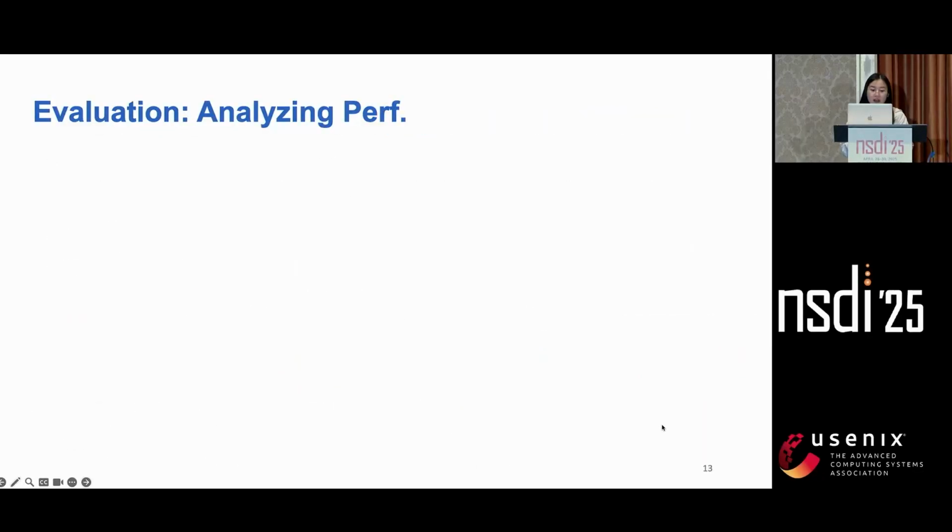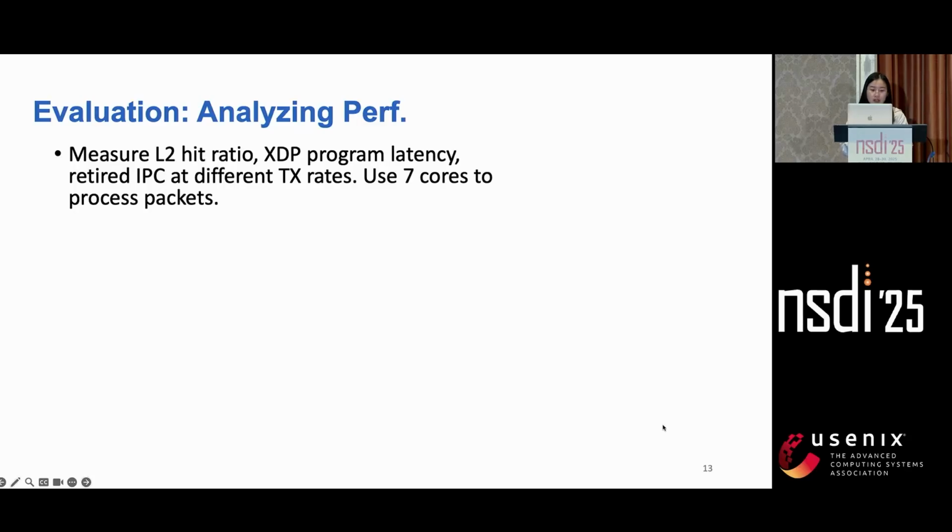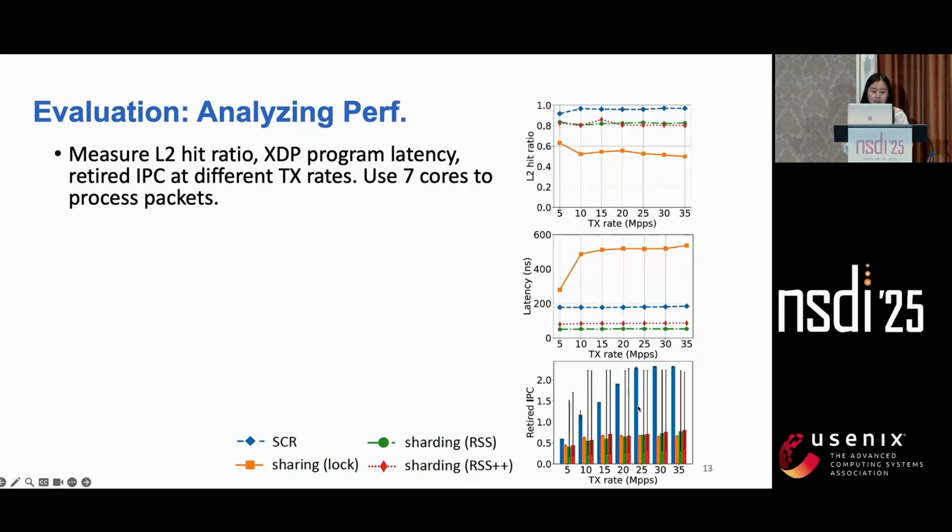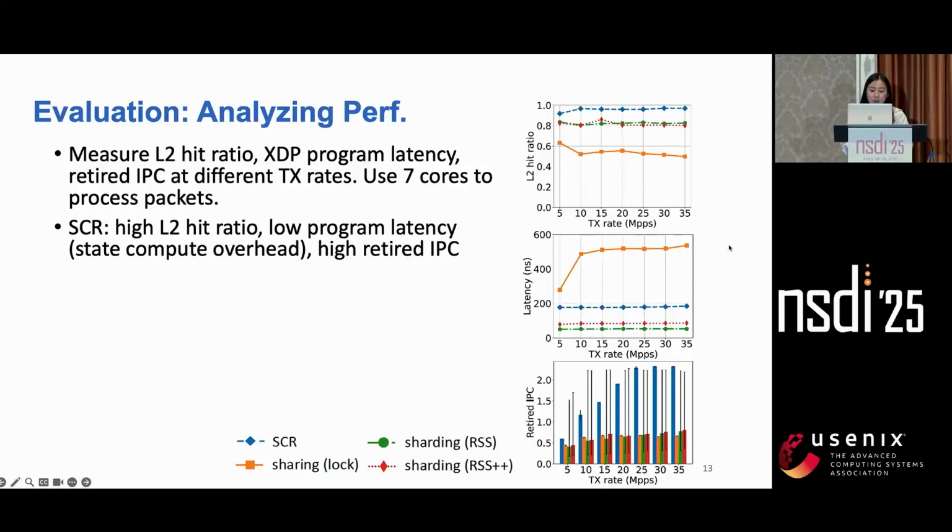And next, I'll analyze the performance using some metrics. We measure the L2 hit ratio, XDP program latency, and retired IPC at different TX rates. And for each experiment, we use 7 cores to process packets. For SCR, we see that we have a high L2 hit ratio and low program latency. The longer program latency only comes from the overhead of state compute. And we see a high retired IPC.